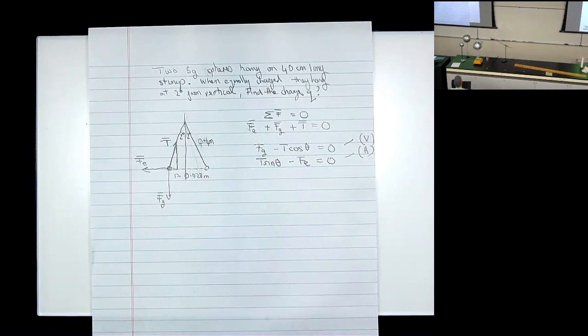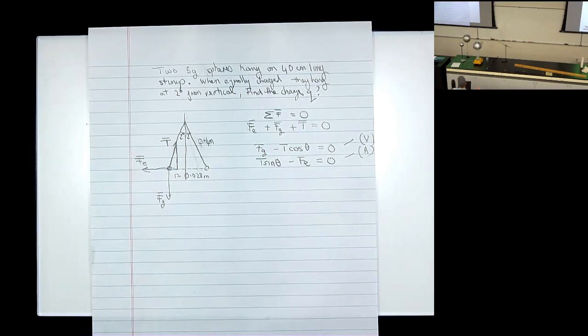Two equations here. This equation here is about equilibrium in the vertical direction. And it's just saying that the downwards gravitational force, Fg, is counteracted by the vertical component of the tension force. And the vertical component of the tension force is T cosine theta.